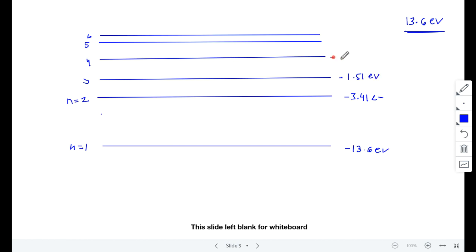Now it's negative 0.85, negative 0.54, and this is negative 0.38.